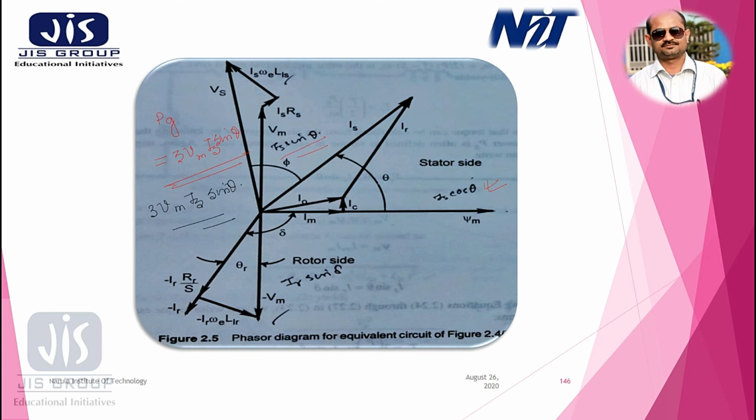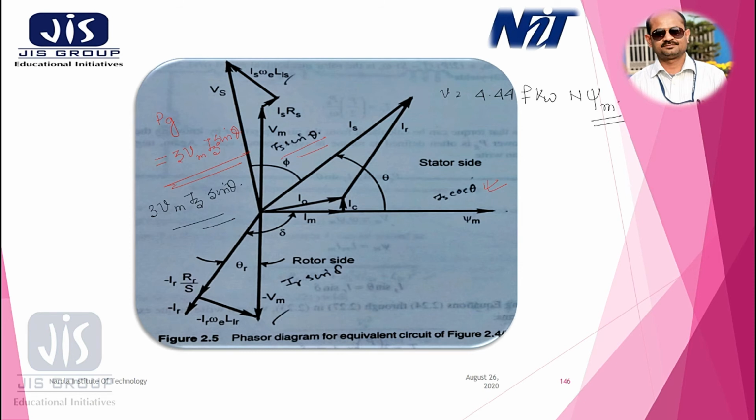Now if we recall our basic concept of EMF equation, for AC machines, for any machine, the voltage V is 4.44 f kw N times the flux.